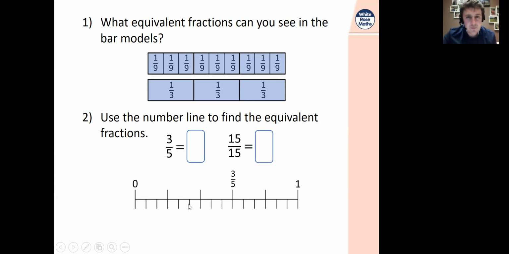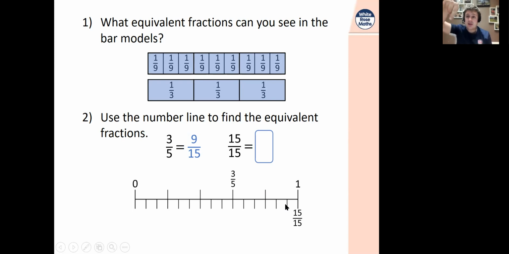Well, I could count 1, 2, 3, 4, 5, but it's not efficient. What I would do is, I know that each of these is 3 lots of 15ths. So I'm going to have 3/15ths, 6/15ths, 9/15ths. I could have counted them 1, 2, 3, 4, 5, 6, 7, 8, 9, but I think that's more efficient. 15/15ths we know is all the way at the end because it's the same as a whole.